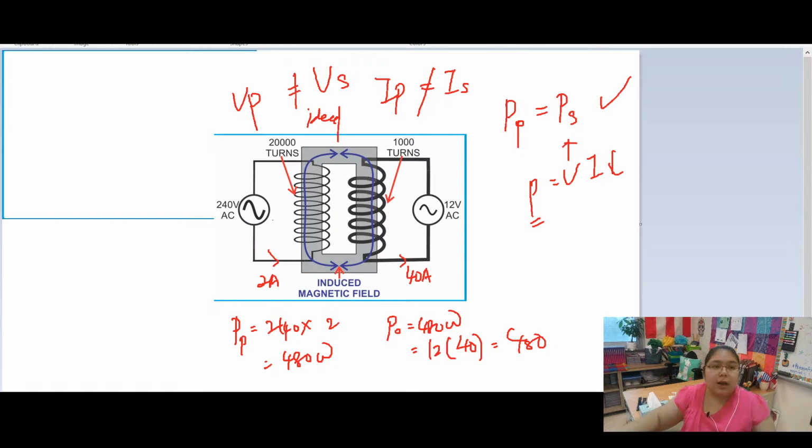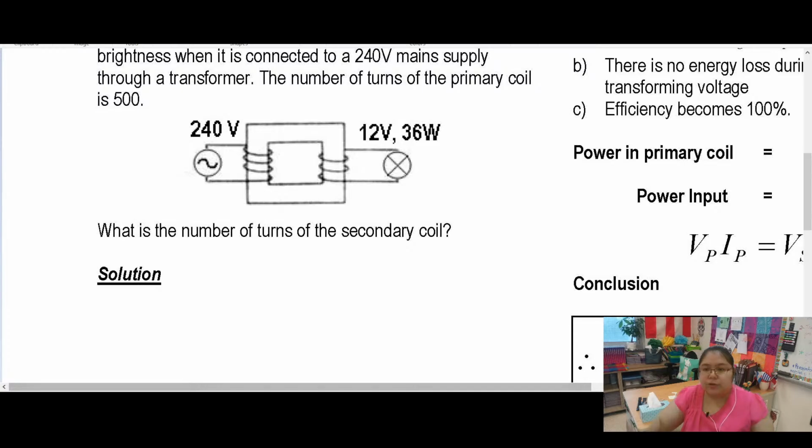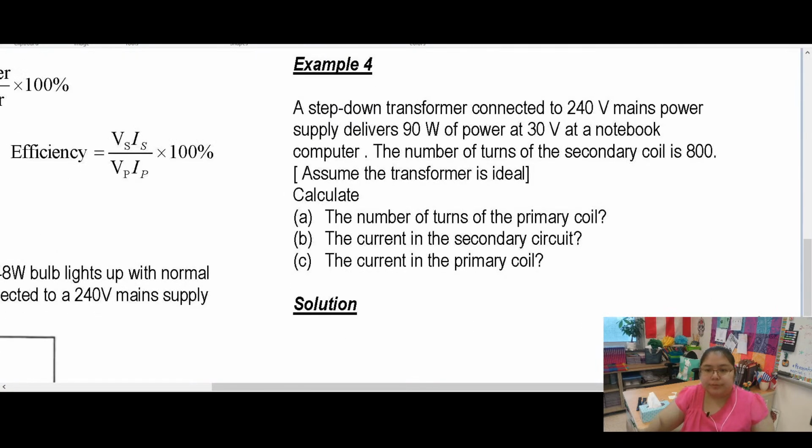Now we continue with the ideal transformer, with one of the questions. They show you a step down transformer. From here, the connector is a 240 volt main power supply, so this is VP. The power is 90 watt. This is VS for your notebook.